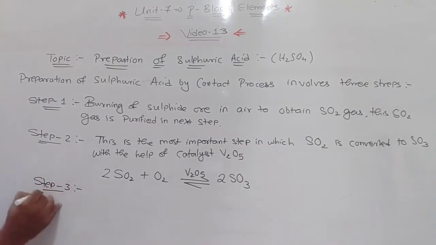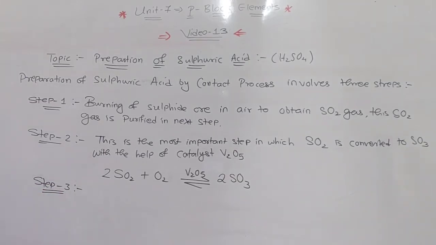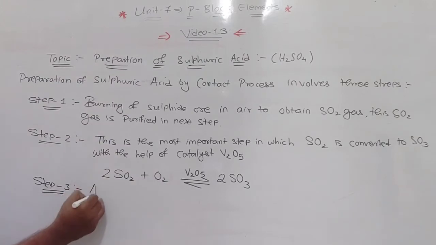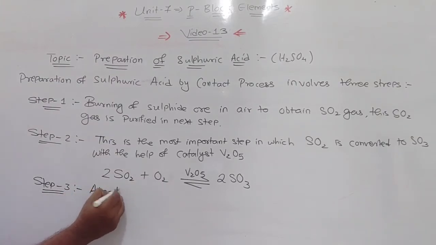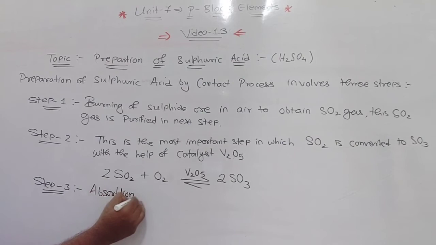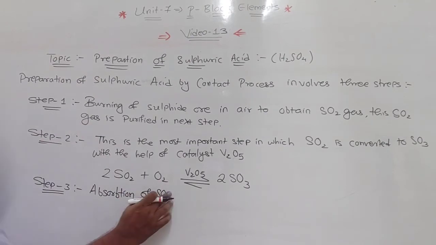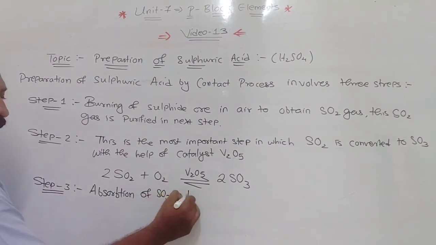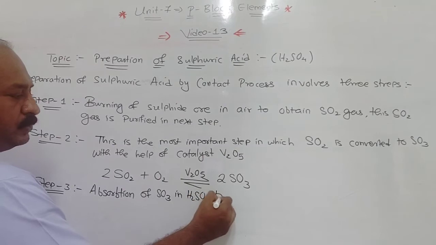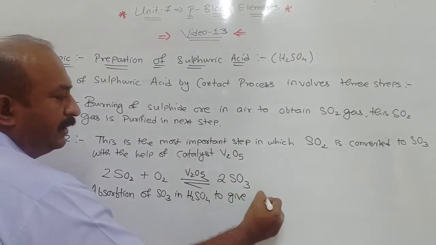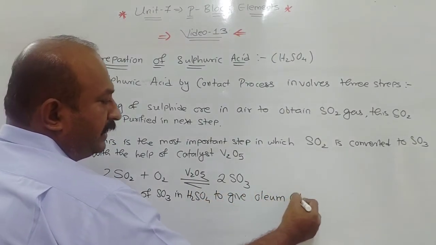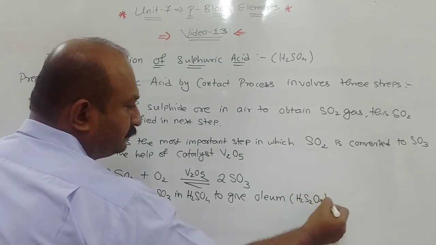Now in step 3, the absorption of SO3 in H2SO4 gives oleum. Oleum formula is H2S2O7.